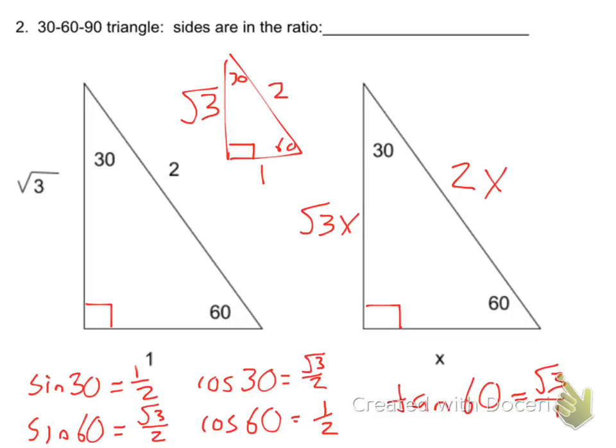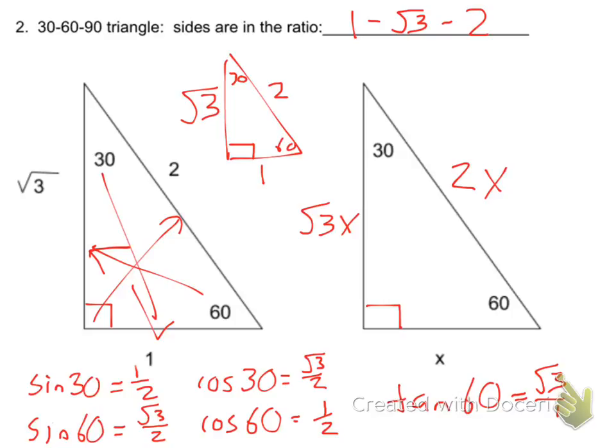So if I go to the top, we have 30, 60, 90, and I'm going to keep it in that order. Opposite the 30 is 1. Opposite the 60 is square root of 3. Opposite the 90 is 2, correct? I'm following the order of the sides opposite those angles.